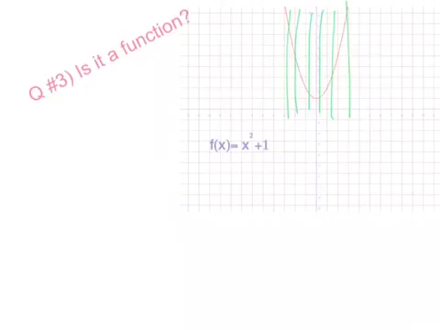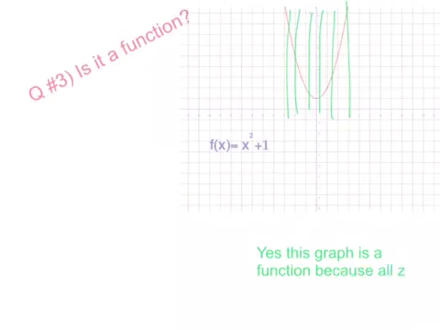But as you can see, each green line on our red graph has passed through the U only once. So our conclusion would be, yes, this graph is a function because all x values are unique and it has passed our vertical line test.